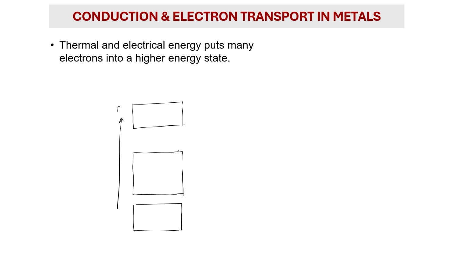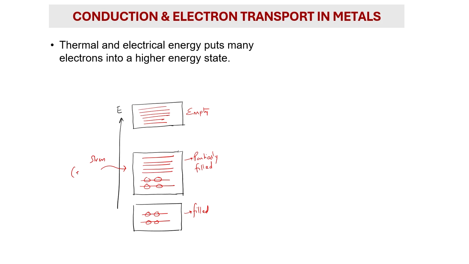So, this is your filled band, this is your partially filled band, and this is your empty band. And this is your totally filled band. So, when you apply stress, which could be electrical, electrons can move to the next energy levels without needing to overcome a gap. These are your gaps.